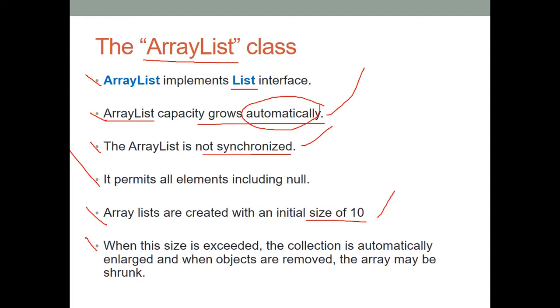When the size is exceeded, meaning you are already at 10, the collection is automatically enlarged. When objects are removed, the array may shrink.